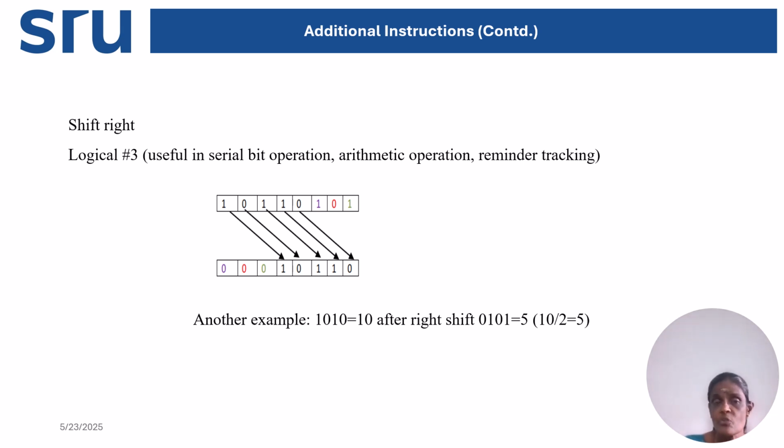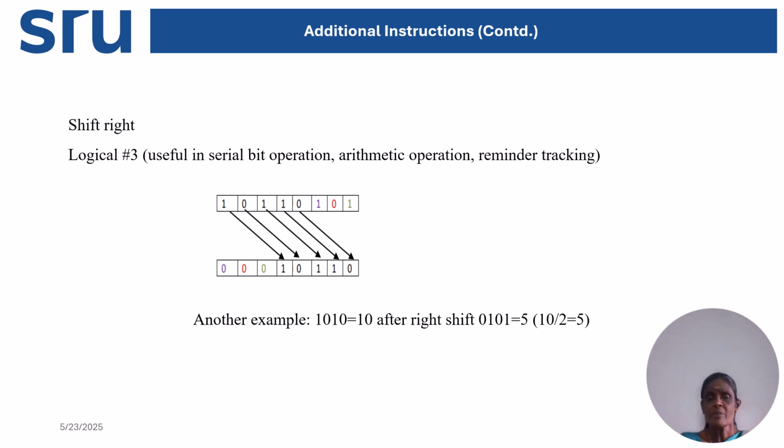The applications are serial bit operation, arithmetic operation, and remainder tracking. In this example, 1 0 1 1 0 1 0 1, 3-bit position means in the LSB position we take 3 bits, colored 1 0 1 1. The remaining shift right 1 1 0 1 0.